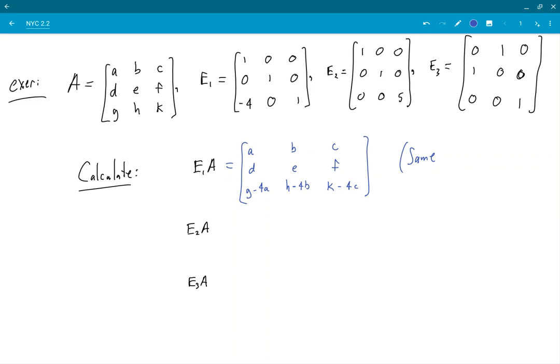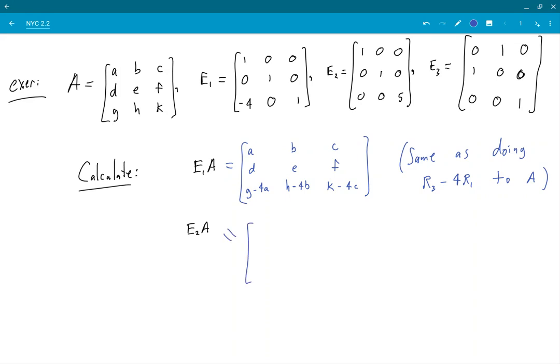It's like I just did row 3 minus 4 row 1. That's interesting.